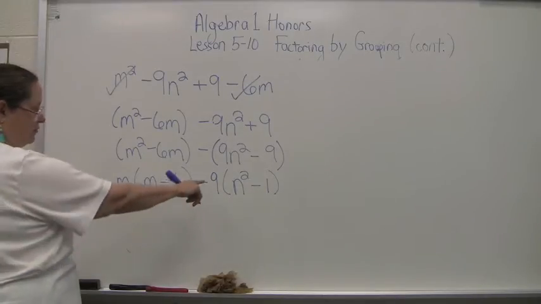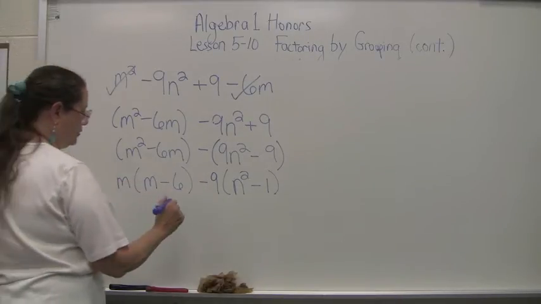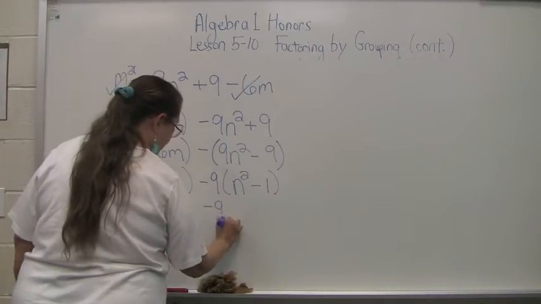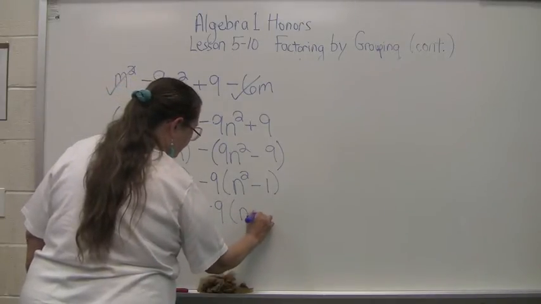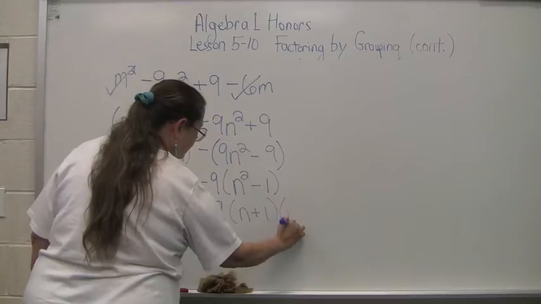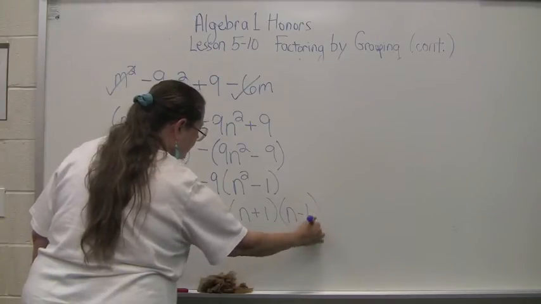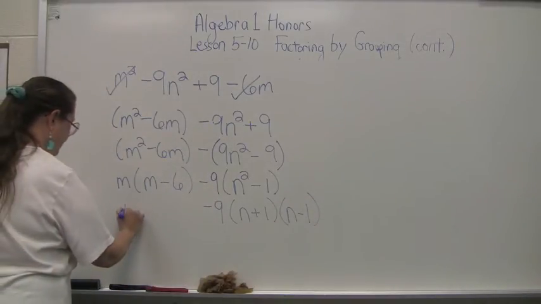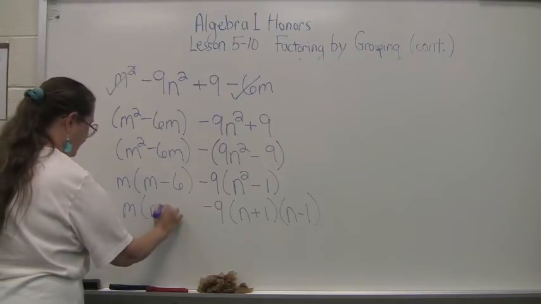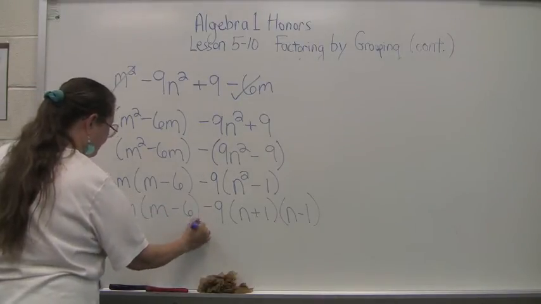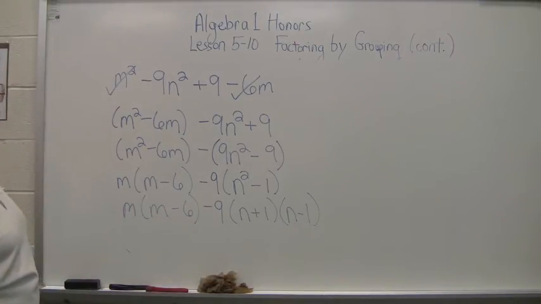Now, I can factor this one step further into n plus 1 times n minus 1, and I get m. Okay, like so. And that's my factorization for that problem.